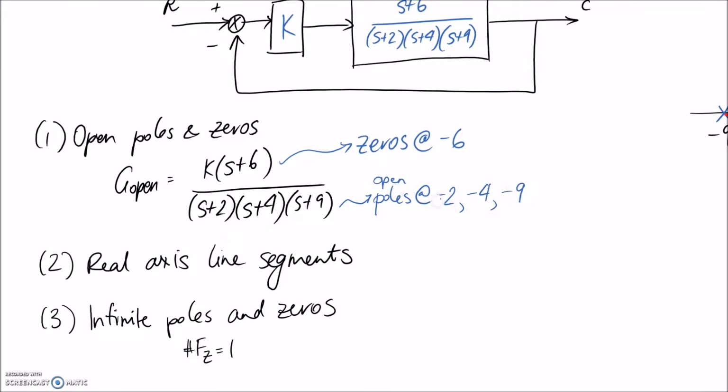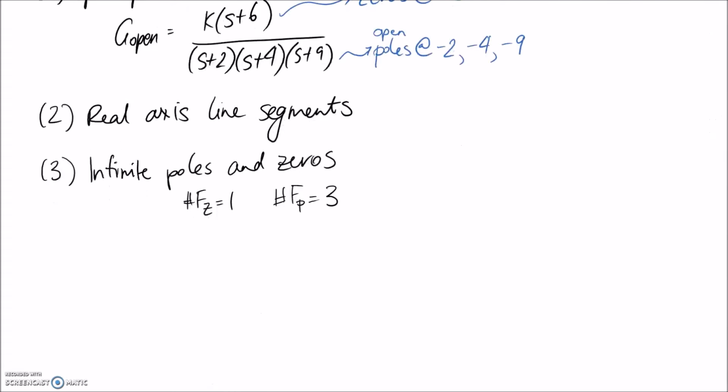We also found that we have 3 open loop poles, so the number of finite poles is equal to 3. The number of poles and zeros needs to be balanced within our system, because every pole needs to be joined to a zero through the root locus. Since we have an unbalanced number, we're going to have to introduce 2 infinite zeros so that we've got 3 in total here and 3 in total here.